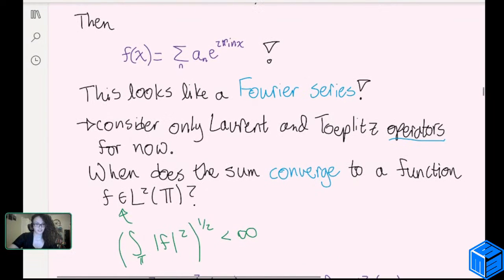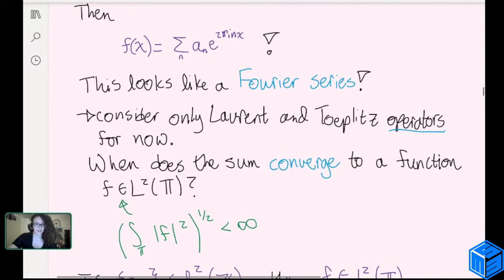So this L2 of T, that is the space of square integrable functions, and f is a square integrable function if you take its absolute value and square it, then integrate over the circle or whatever space you're dealing with, and then take the square root. And if that number is finite, then the function is an element of L2 of, in this case, T, the circle.